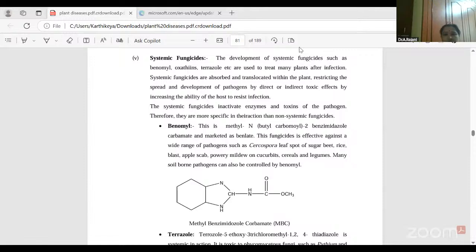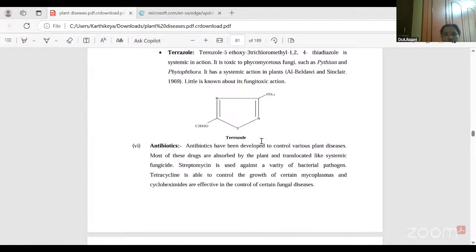Methyl benzimidazole carbamate, marketed as thiabendazole. Antibiotics also. Antibiotics have been developed to control various plant diseases. Most of these drugs are absorbed by the plant and translocated like systemic fungicides. Streptomycin is effective against a variety of bacterial pathogens.